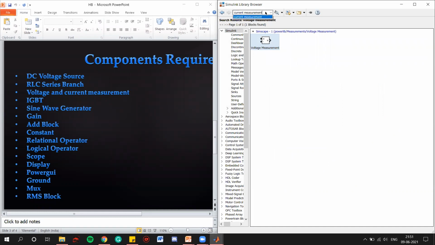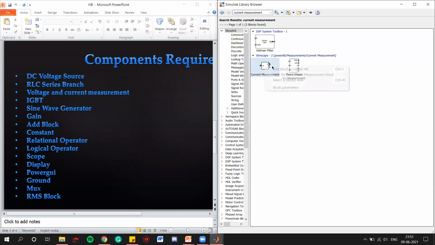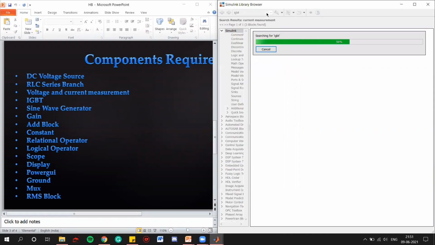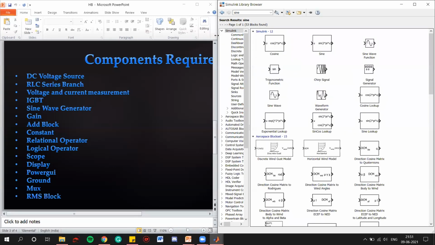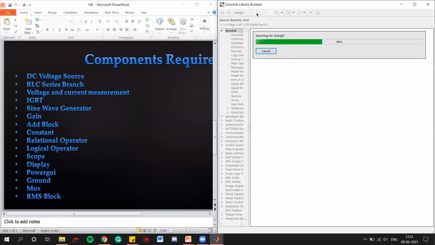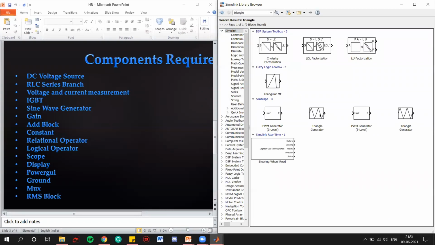We will take current measurements, which is this one. Voltage measurement, current measurement, then IGBT. We will take this IGBT. We will take a sine wave generator, or let's take a triangular wave, because we can use a sine wave generator as well, but we will see its application later. Right now we will take this triangular wave.